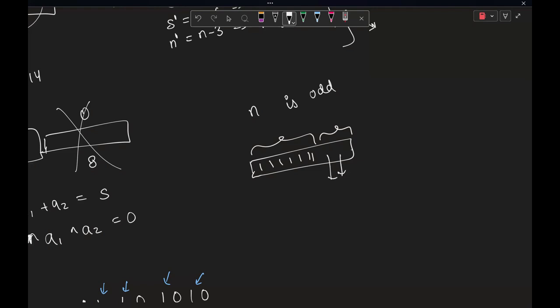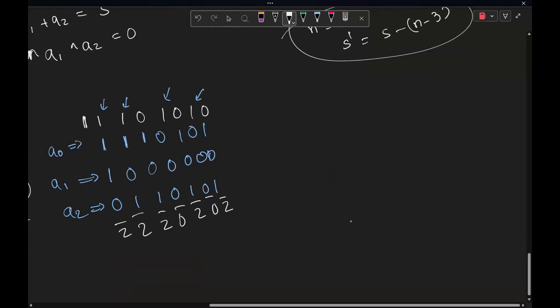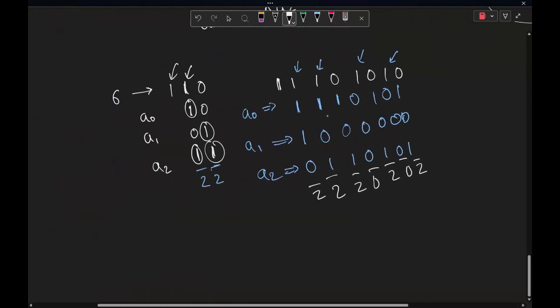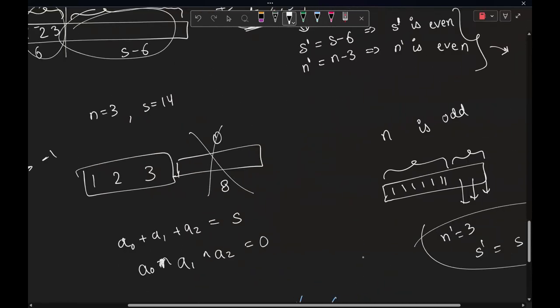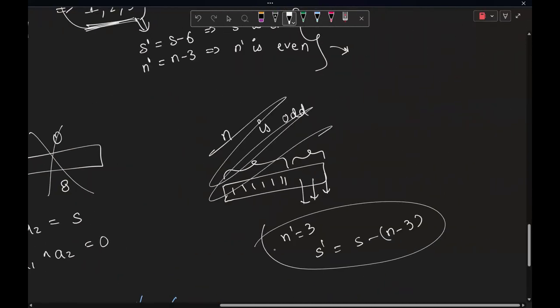And then for the last three characters, this is now equivalent to having n' equal to 3 and s' equal to s minus n minus 3. And for this part, we have actually decided how to get the answer. So it's up to you in which way you want to solve. You don't really need to do it in this way. It's up to you.